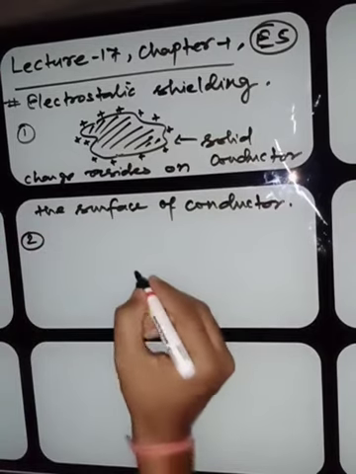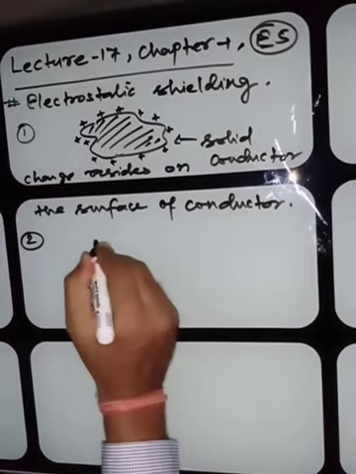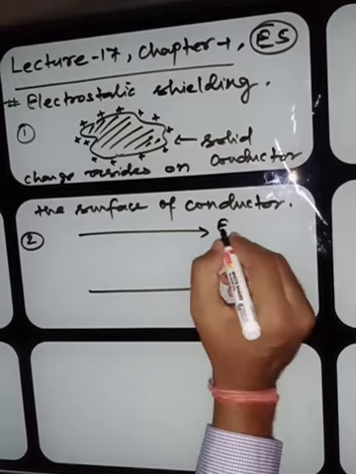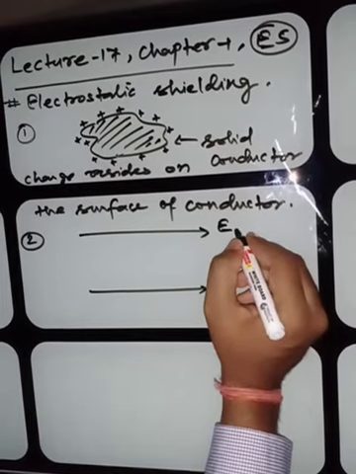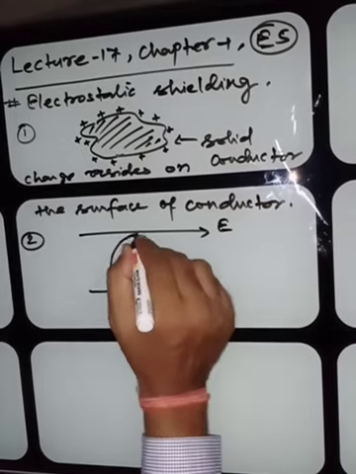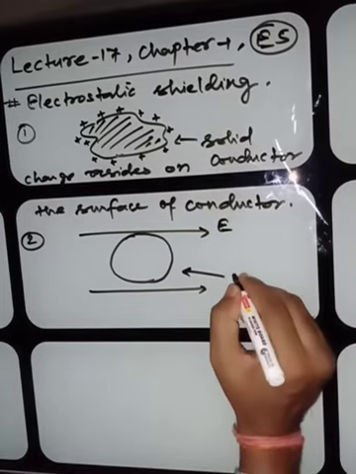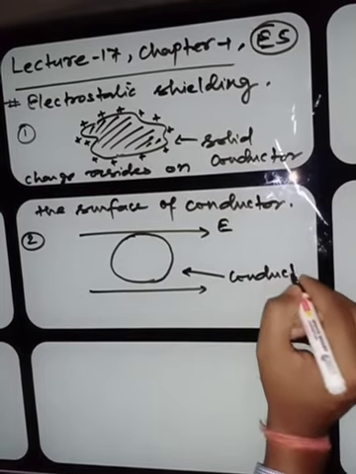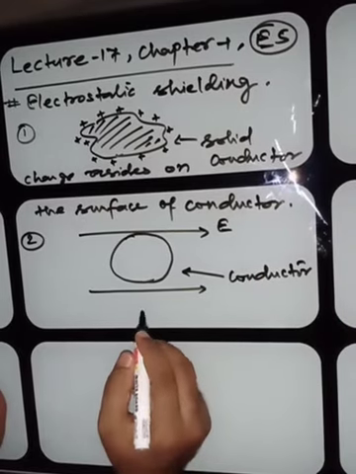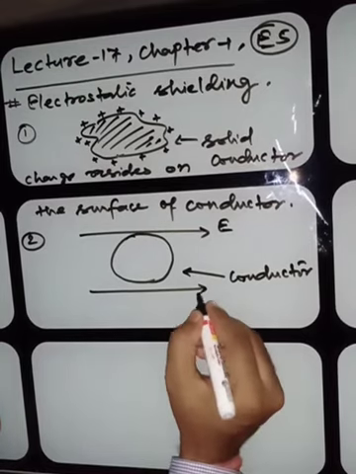Now the next point: any cavity, cell or hollow conductor placed in an external electric field E. Suppose a hollow conductor is placed inside this field.